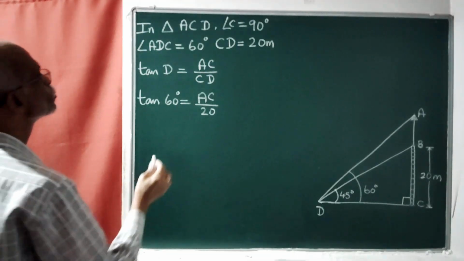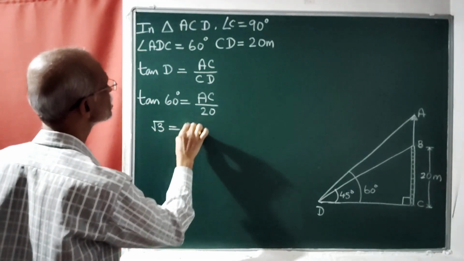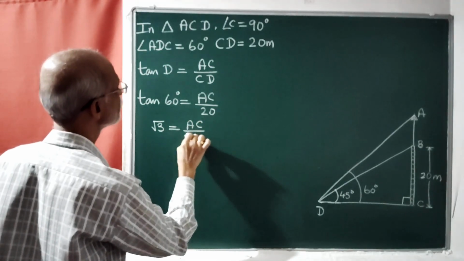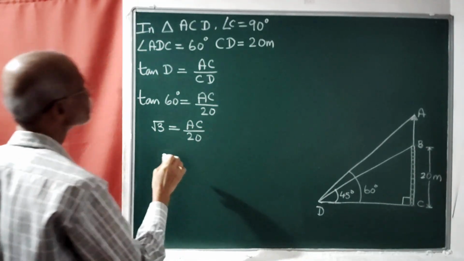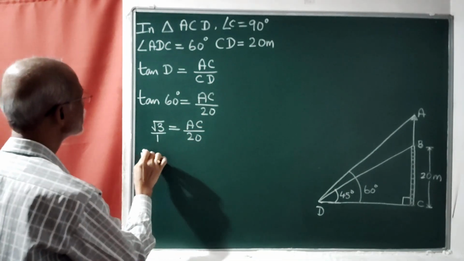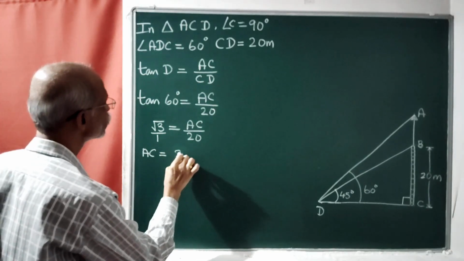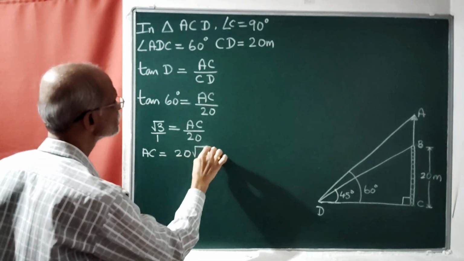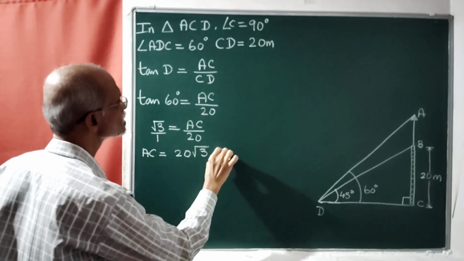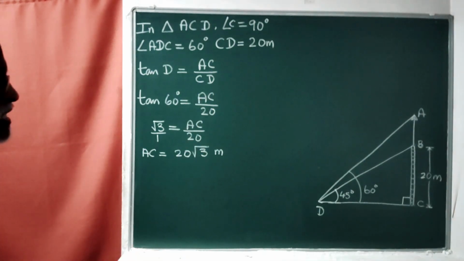Tan 60 is root 3. Root 3 is equal to AC by 20. So we'll cross multiply. AC is equal to 20 root 3 meters. Now we have found the value of AC.